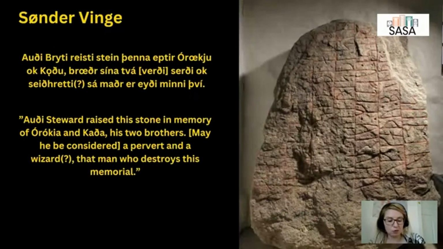Speaking of wizards and the Arger, the outcasts, we have further evidence that this was a common type of curse. The text on one of the stones from Søndervinge in North Jutland, so also in Denmark, concludes that the man who destroys this memorial should be not only a wizard, but also, well, how should I put it?